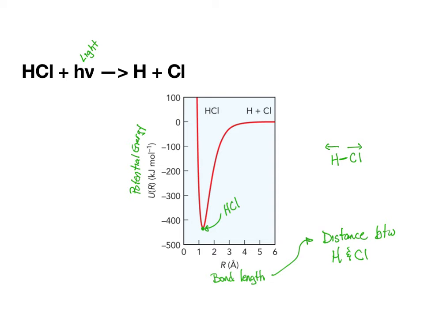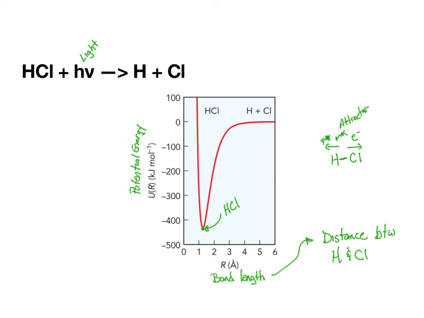And as we start pulling these atoms apart, the electrons of the chlorine are no longer being able to see the protons of the hydrogen. And so this is the attractive force.